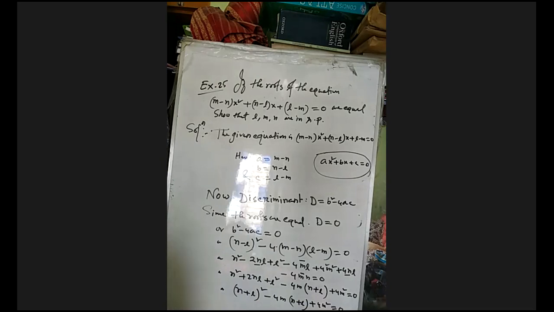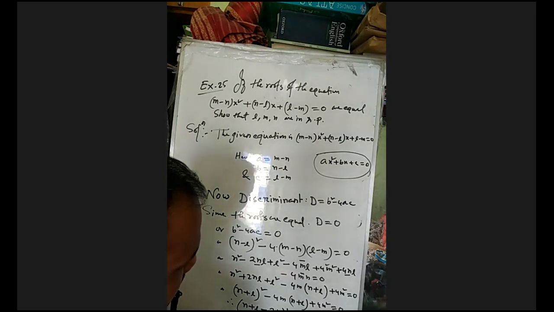Now this is another formula, a square minus twice ab plus b square, that means (a minus b) whole square equals 0. Taking the square root on both sides, n plus l equals twice m. Therefore m equals (n plus l) divided by 2.